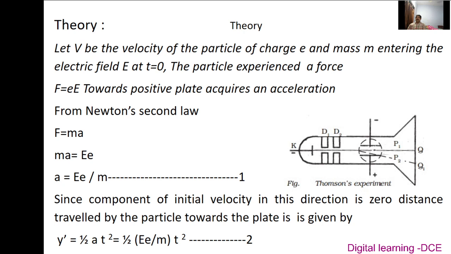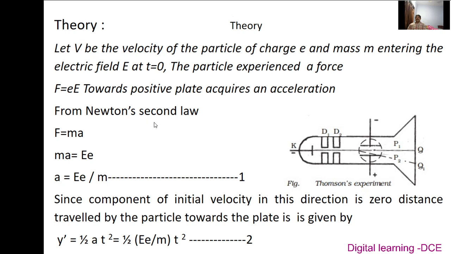The initial velocity in the downward direction is 0. As soon as the cathode ray enters the electric field between the two plates P1 and P2, the electron experiences a force, and it is given by F is equal to eE.